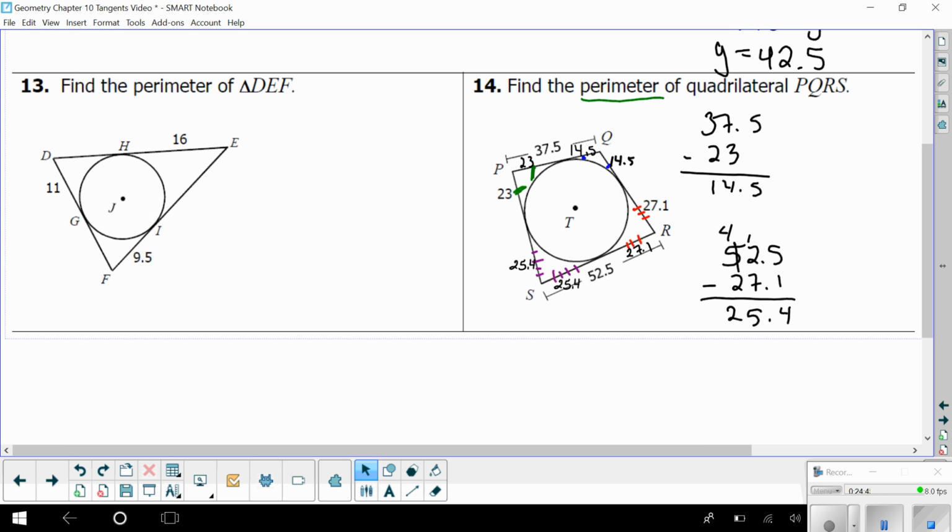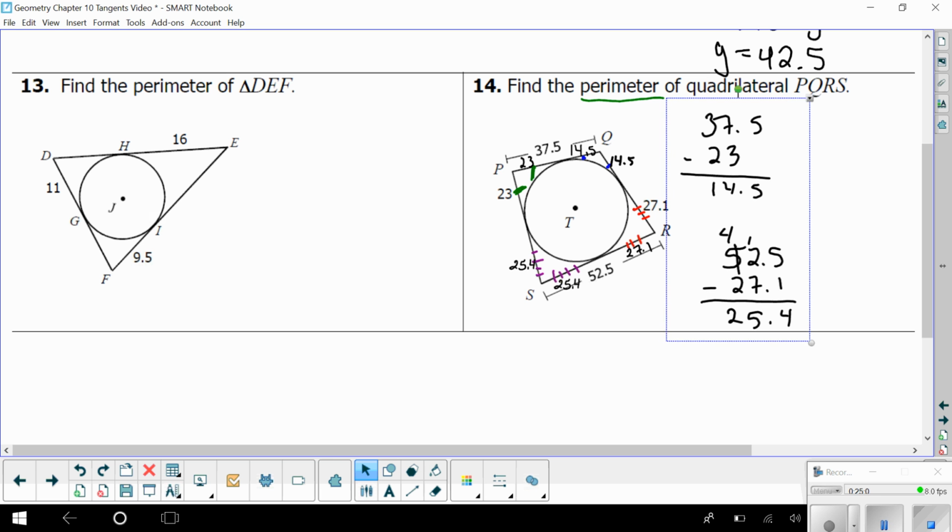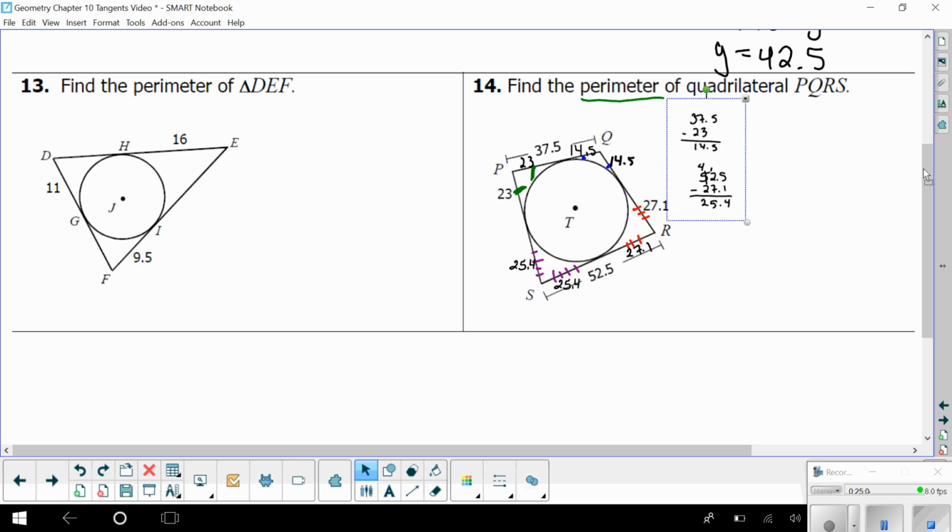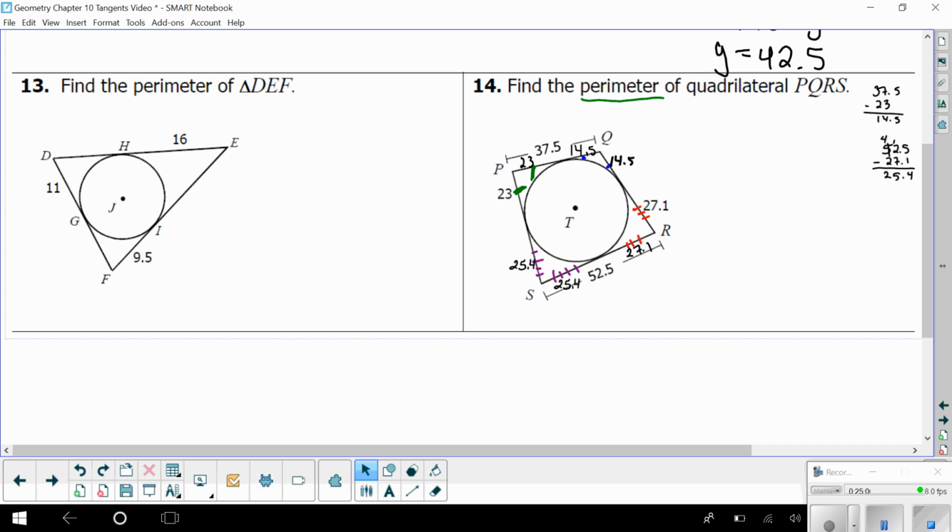Okay, so now that I have all of that in place, I need to find the perimeter. The perimeter is going to equal all of this added up. Now, why do we have to do that? If we already had this and we have this, I need to be able to find these guys over here.